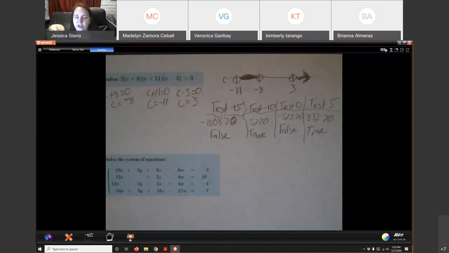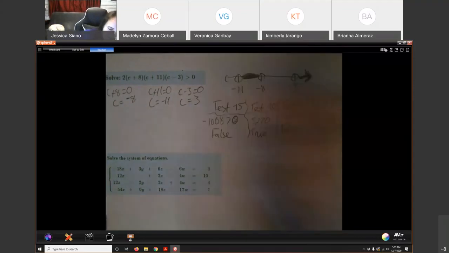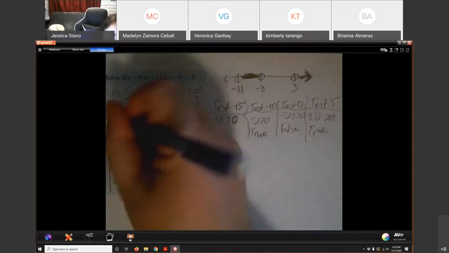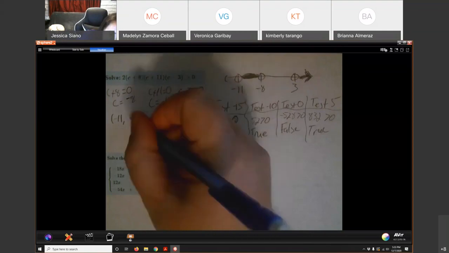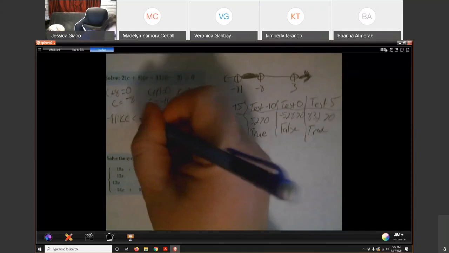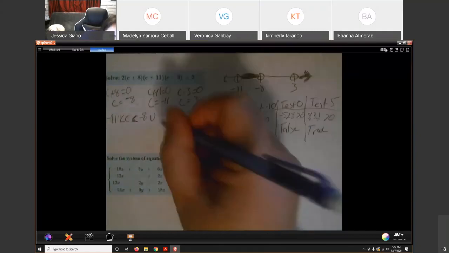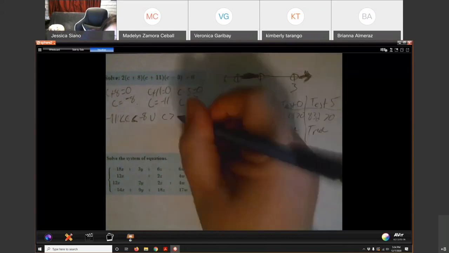And then my request to you is just to make sure that you double check and triple check what format they want this answer in. Because if they want this as an inequality, then you would say -11 is less than x is less than -8, and x is greater than 3.